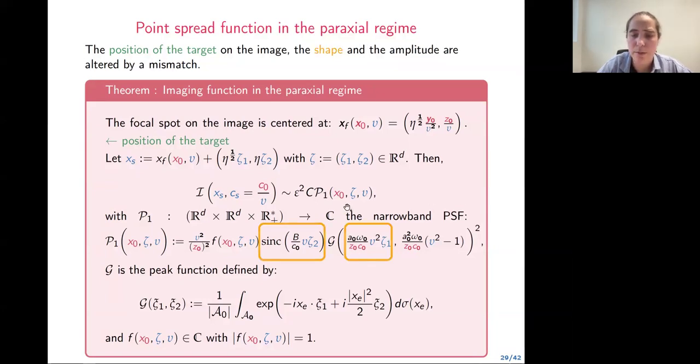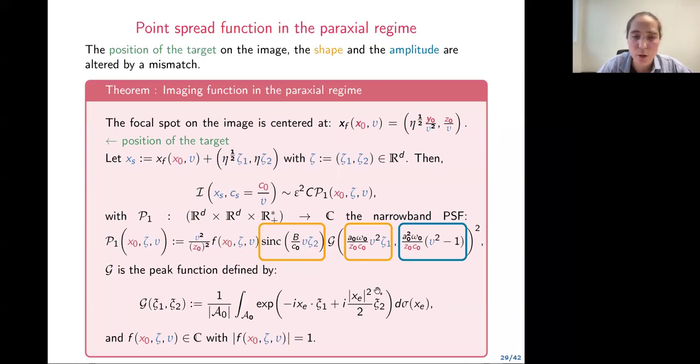So here Z2 is your error in the longitudinal coordinate, and you retrieve the good resolution here. So you have the peak function around Z equals 0. And here, the same thing for the transverse coordinate, with here the resolution in the transverse coordinate. So this gives you the shape of your PSF.